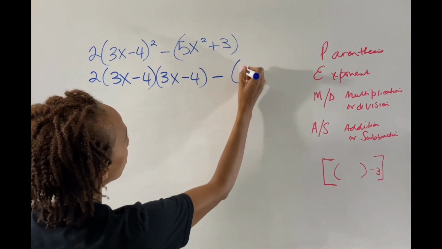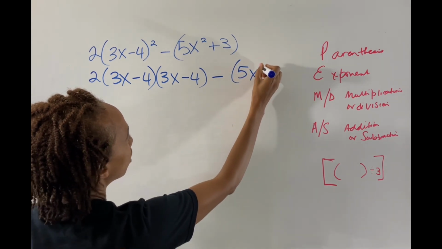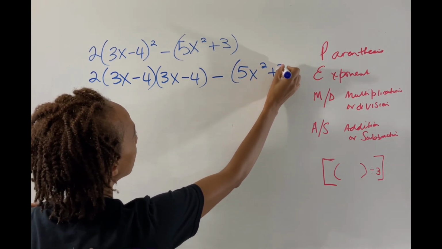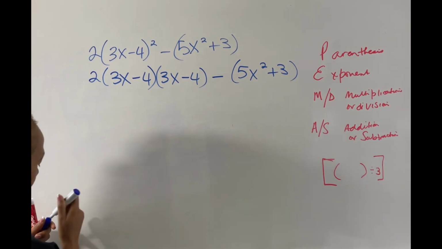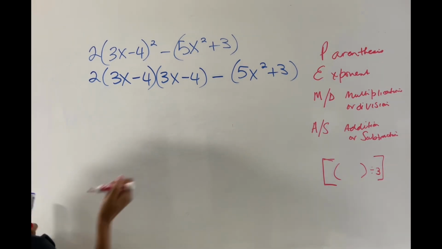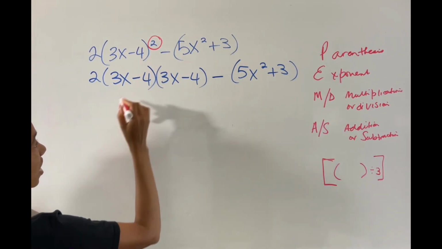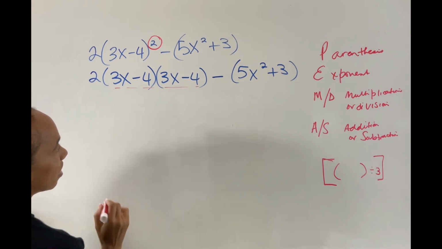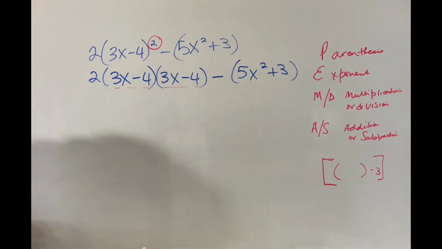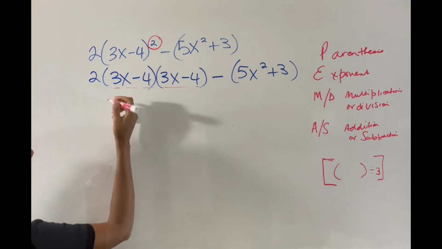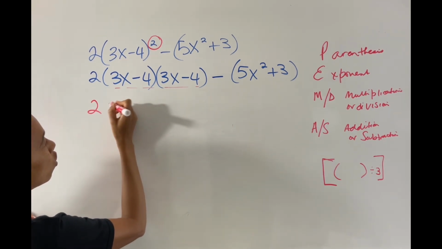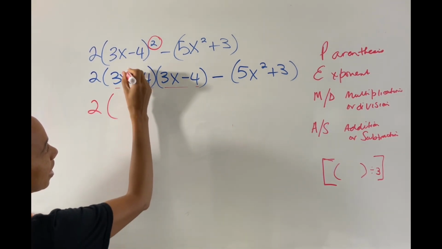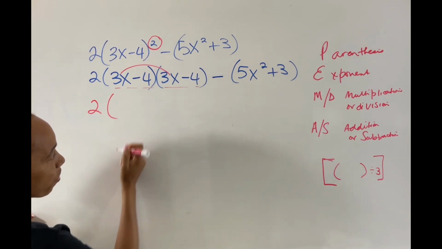We're still going to keep that last binomial inside of the parentheses. So this raises the second power and takes care of this. We're now going to multiply this binomial, and we will have 2 open parentheses. We're using the FOIL method.